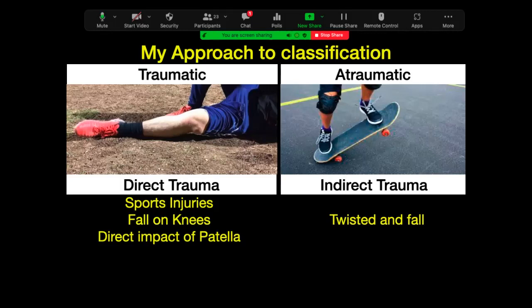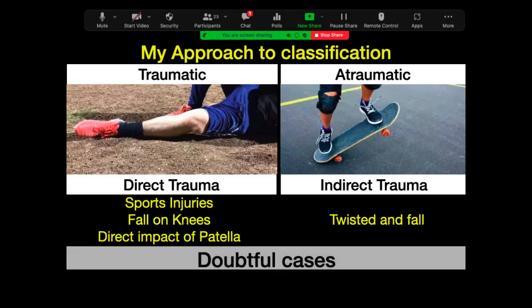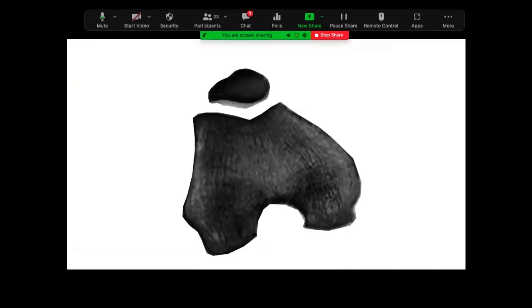So it is a kind of twisting while walking, and this will lead to the dislocation, twisting and fall. And there is a third group, which are a little bit doubtful cases, where you don't exactly know whether it is traumatic or atraumatic. So all 50 classifications fall into this group: traumatic, atraumatic, and the doubtful cases.